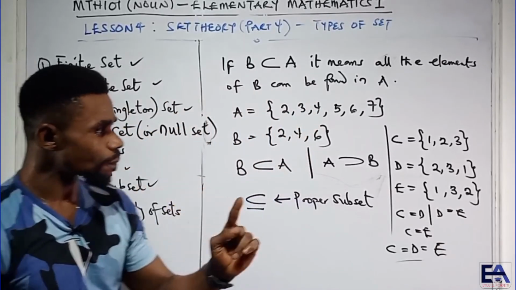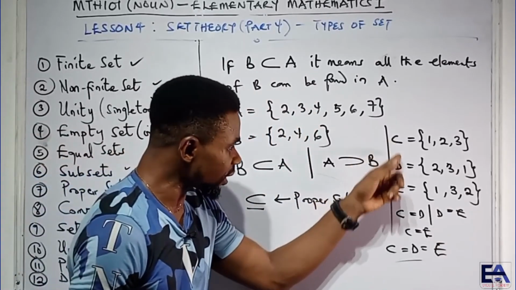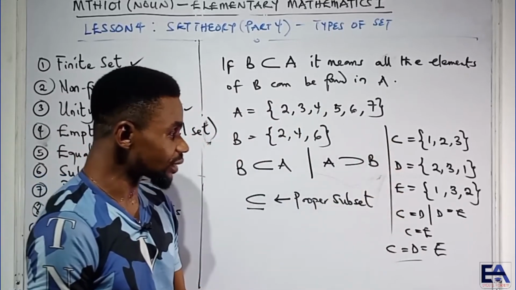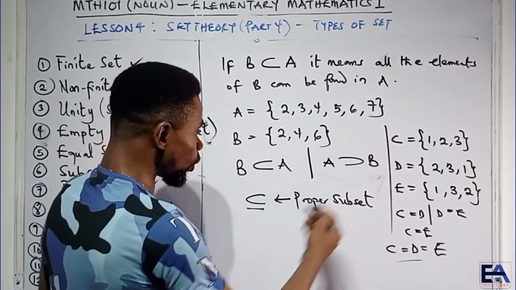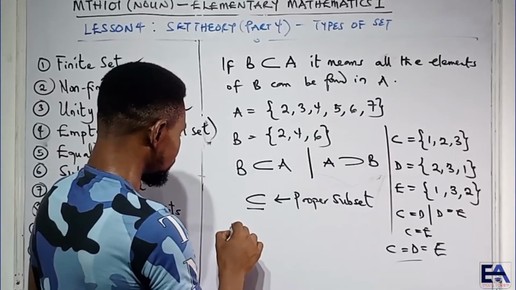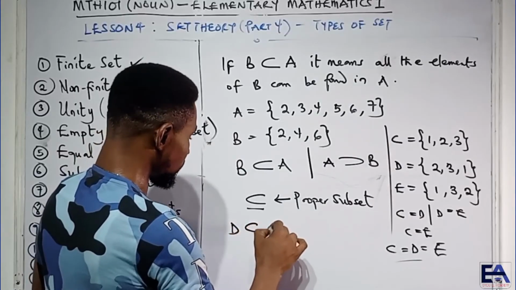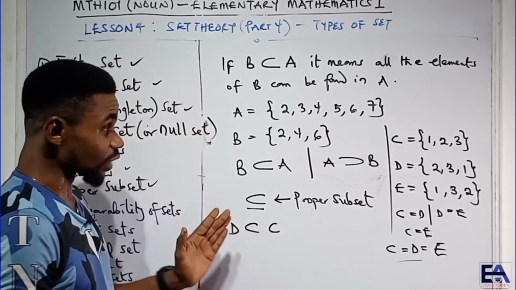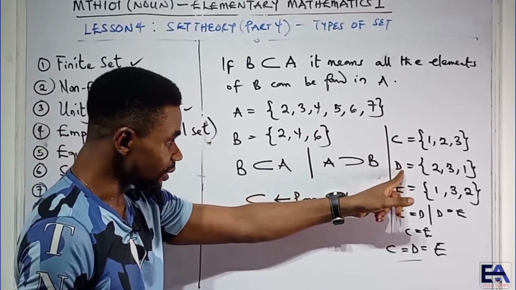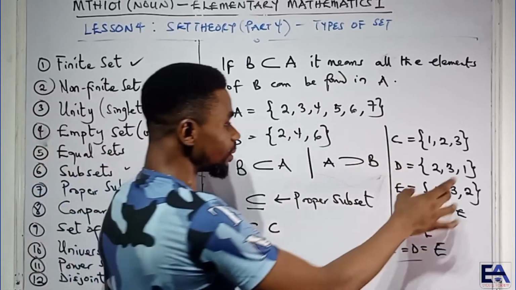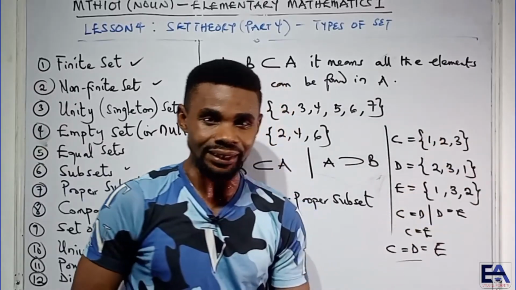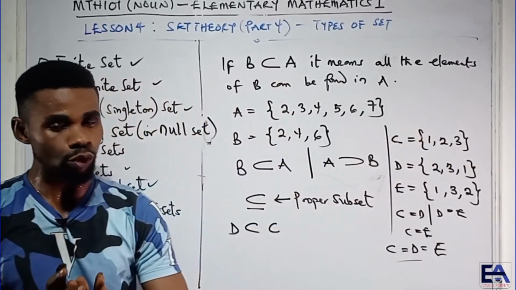Good. Now look at this. If C is equal to D, we also agree that D is a subset of C, which means all the elements of D can be found inside C, which is very true.